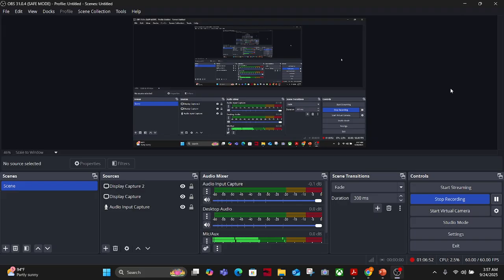ACE inhibitors and angiotensin II receptor blockers are preferred in diabetics with albuminuria to slow progression of diabetic nephropathy. Okay, so lisinopril.